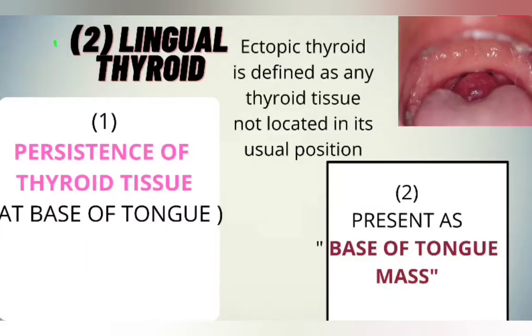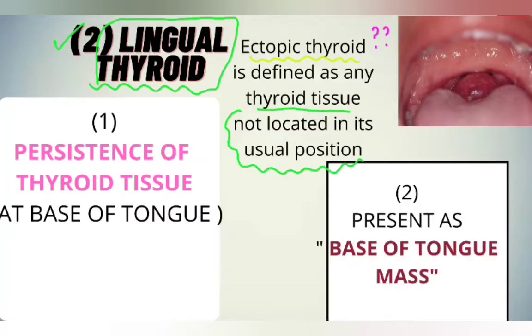Now we will discuss the second disorder, which is the lingual thyroid. This lingual thyroid is an ectopic thyroid. Now what does ectopic thyroid mean? Ectopic thyroid means any thyroid tissue which is not located at the usual position.